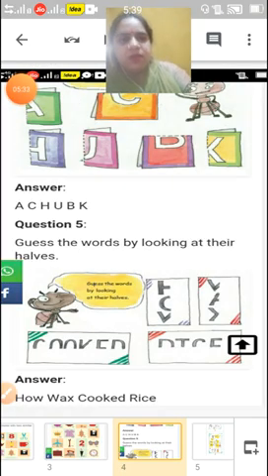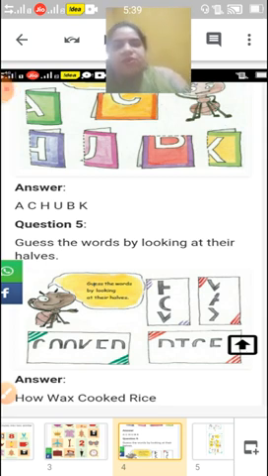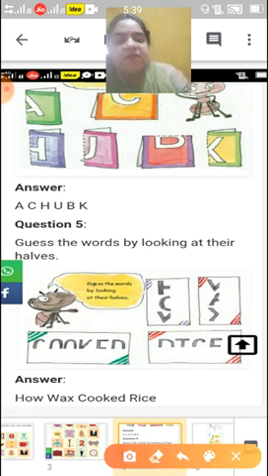Now children, come to our next question. Guess the words. Now you have to guess the words. Previously we guessed letters. So children, let's have a look. You have to complete the same, but now you have to complete the word.